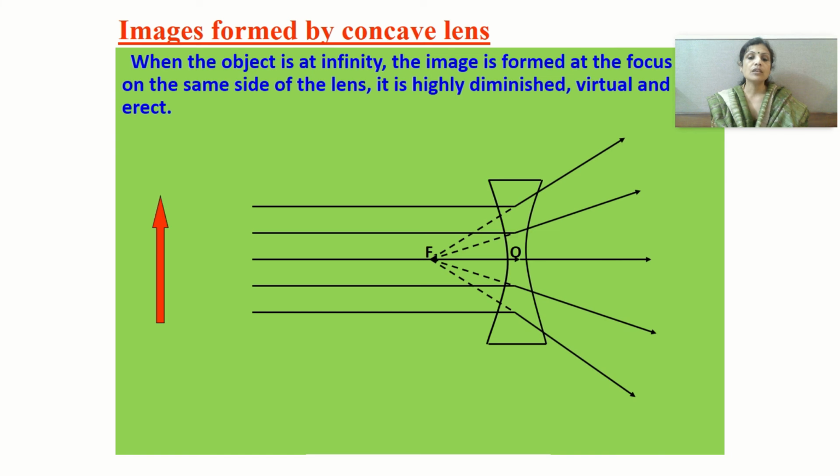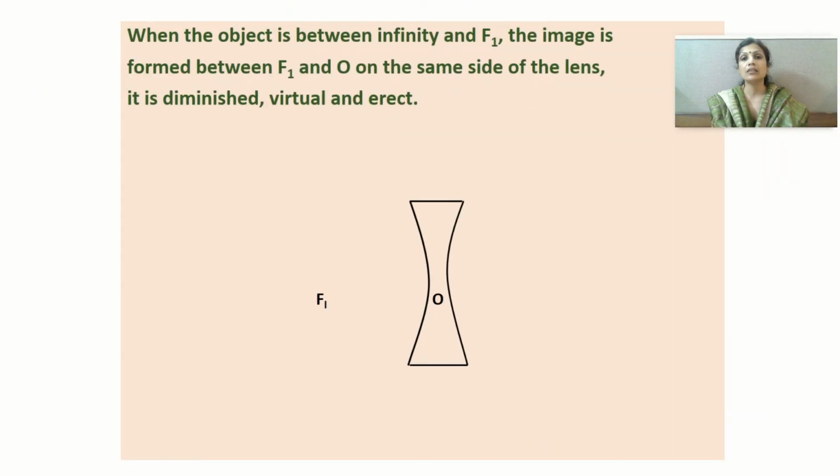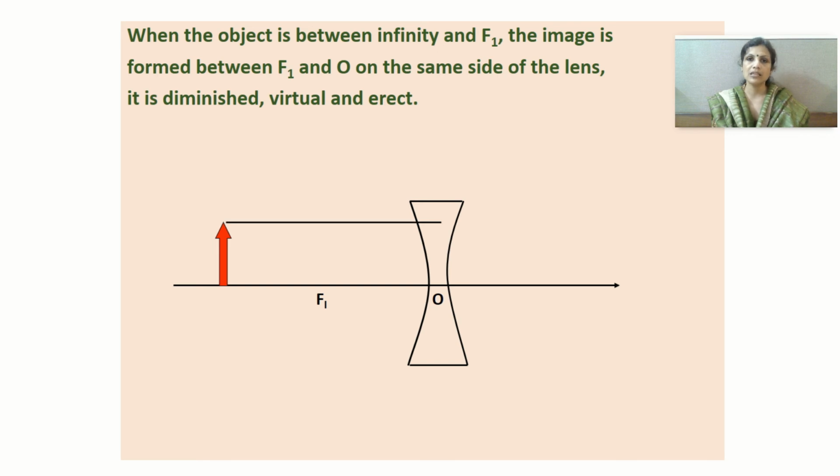But now suppose you keep the object anywhere between infinity and the focus f1, let us apply the rule. First ray parallel to principal axis: after refraction, it diverges, but it appears as if it is coming from the focus.